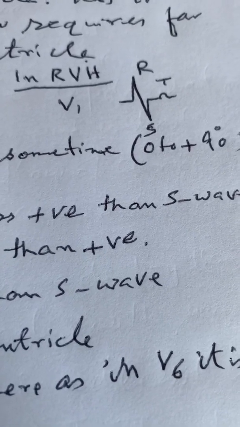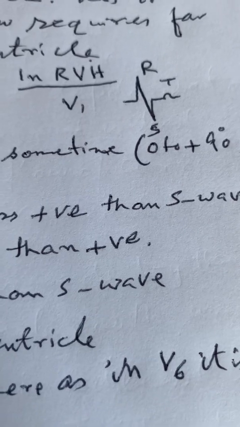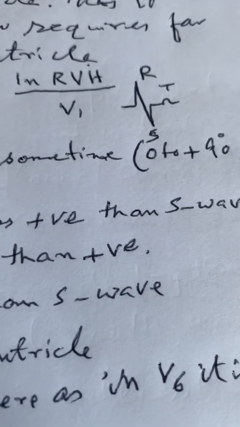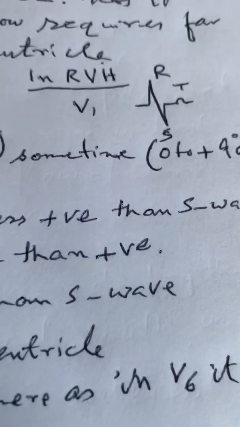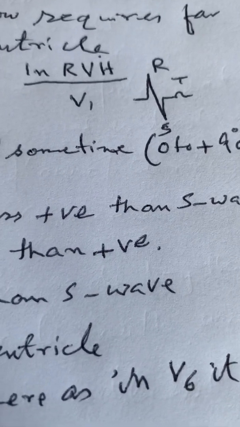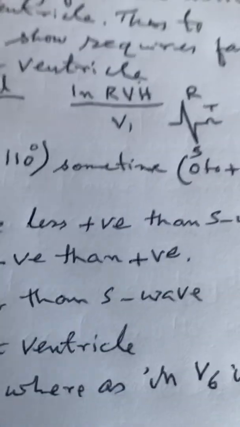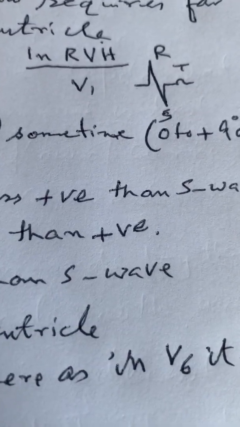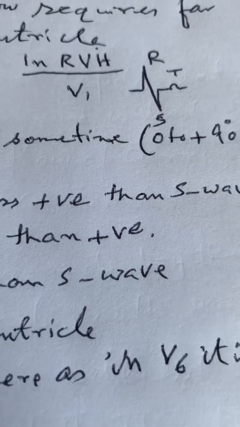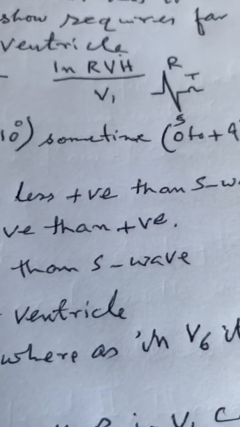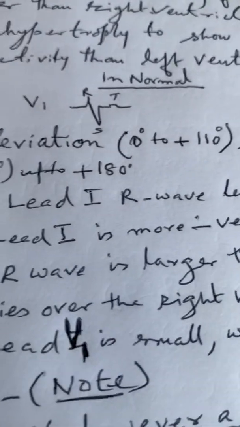So this is the hallmark. If you see a tall R in V1, then you are dealing with right ventricular hypertrophy, and you may have to make a differential diagnosis of other causes of a high amplitude R wave in V1, which we will discuss later.